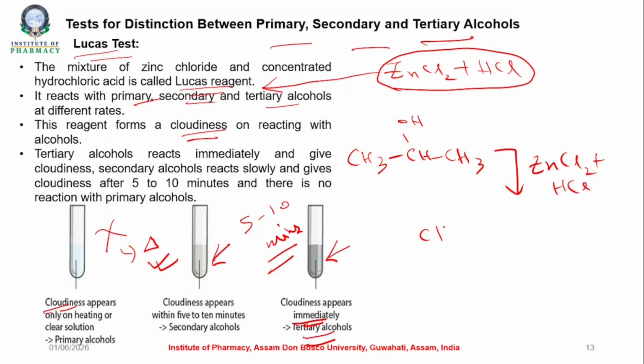This gives us the product which is responsible for the cloudiness. So this is one example. Similarly, we can have examples for tertiary as well. So please do it, you can do it as an exercise for the viewers. We'll move to the next test.